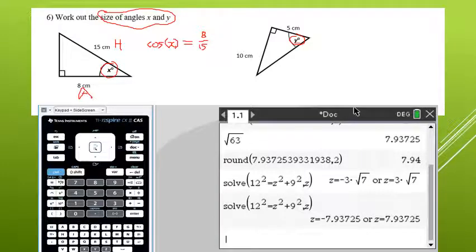Okay, hopefully you've seen this before. The opposite operation of cos is called cos to the negative 1, or the inverse of cos. So that's how we write it. We say to get rid of the cos on this side, it becomes cos to the negative 1.